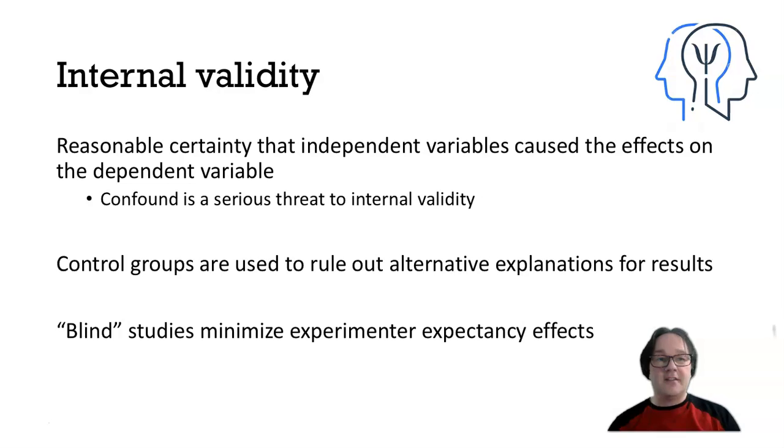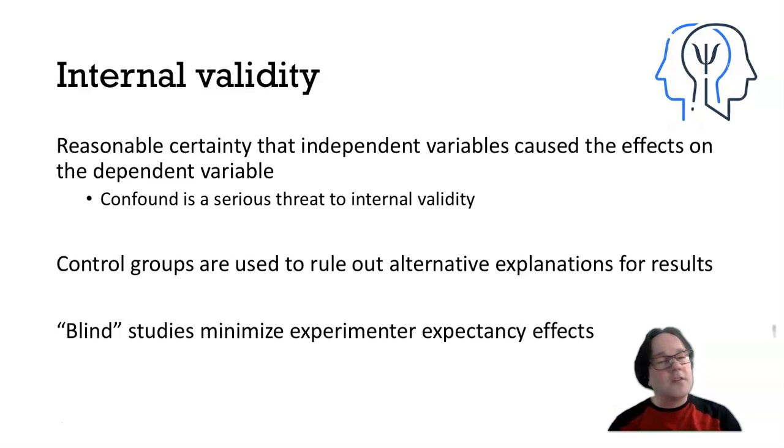So in this case, the therapy is a confound variable because it systematically changed with our independent variable. Those who ended up in the Prozac group were all in therapy, right? And those who ended up in the placebo group, none of them were in therapy. So it was systematic. An extraneous variable tends to be less systematic. It tends to be more random.